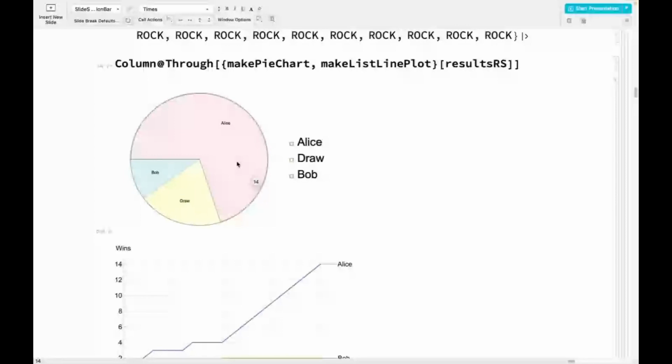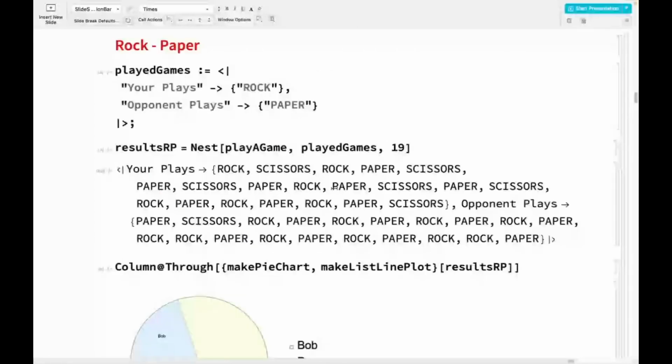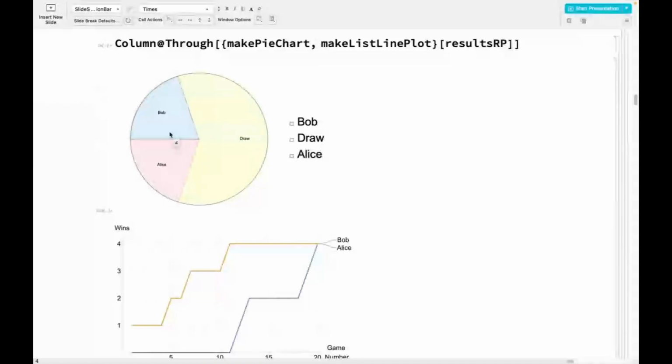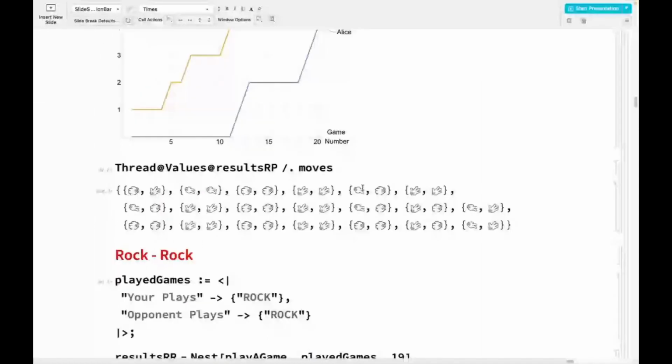We can check other configurations, and overall, typically in this case there is a draw. They end up having the same number of wins, but typically Alice managed to beat Bob.